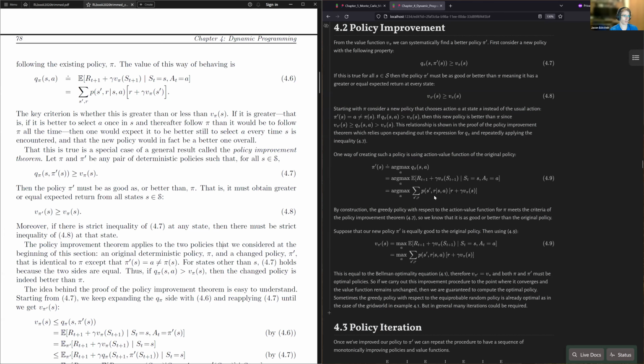If instead we have the state value function, we can still calculate this, but we're interested in the action that leads to the best outcome, which in this case is the action that leads to the highest value subsequent state. And here we actually have to calculate the probability of all the transitions.